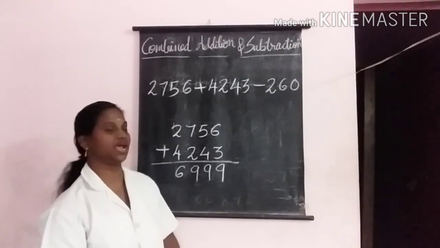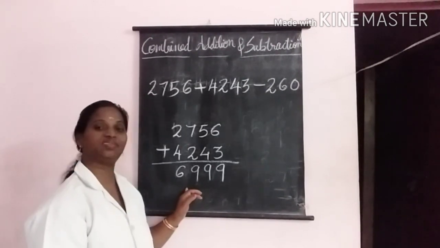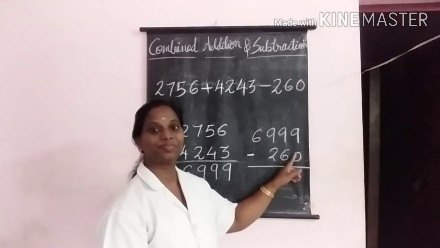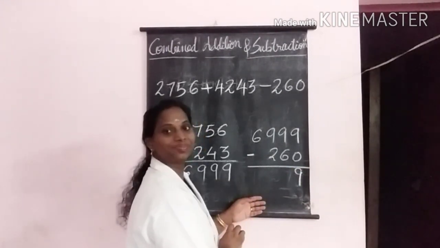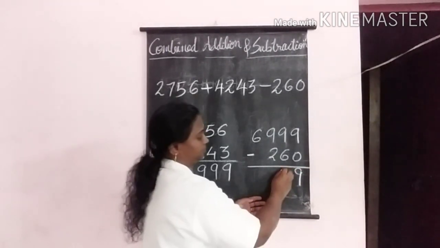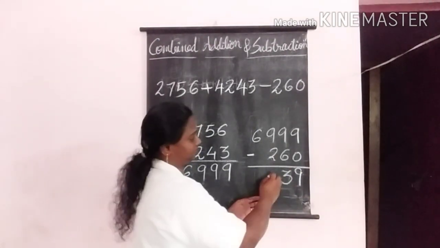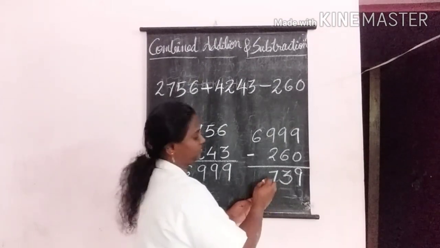Then you can subtract third number 260 from 6,999. Here 9 minus 0, 9. 9 minus 6, 3. 9 minus 2, 7. Then bring down 6.